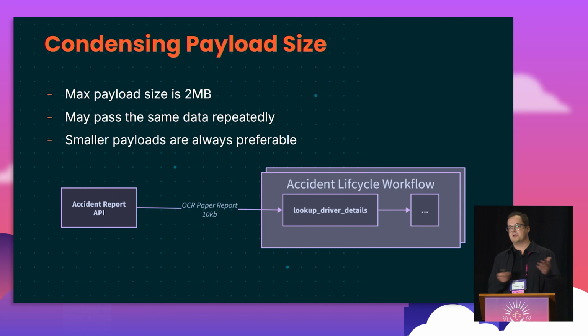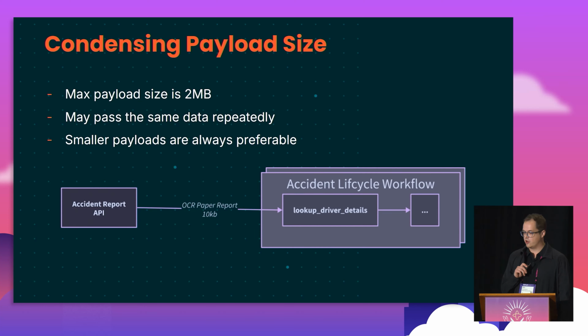And you never really want to be near that 2 megabytes if you can help it. Again, you're bloating your history quickly. There's max limits on how large that history can get. And so you want to keep this low just so that you keep those costs low, as well as when you're sending your messages around, when you're actually processing temporal behavior, those messages are smaller. You have higher throughput and lower latency because you're just passing around less data.